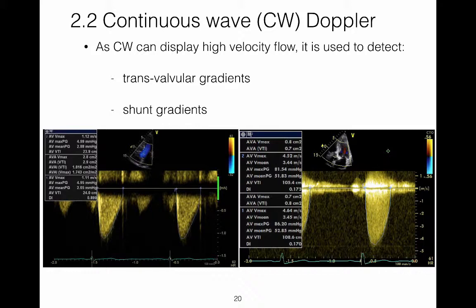The image on the left shows the continuous wave Doppler measurement of normal flow across the aortic valve with a peak velocity of about 1.1 meters per second. In contrast, the image on the right shows the CW Doppler measurement across a stenotic aortic valve. In this case, the peak velocity is around 4.6 meters per second.